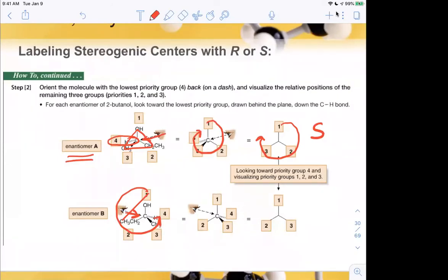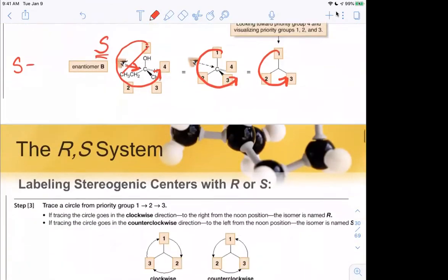Oh, this is clockwise, which gives me the R. Sorry about that. And this is counterclockwise, which gives me the S. I'm actually going 1, 2, 3, 1, 2, 3. Clockwise is R, counterclockwise is S. So this is going to be the R 2-butanol. This is going to be the S 2-butanol.